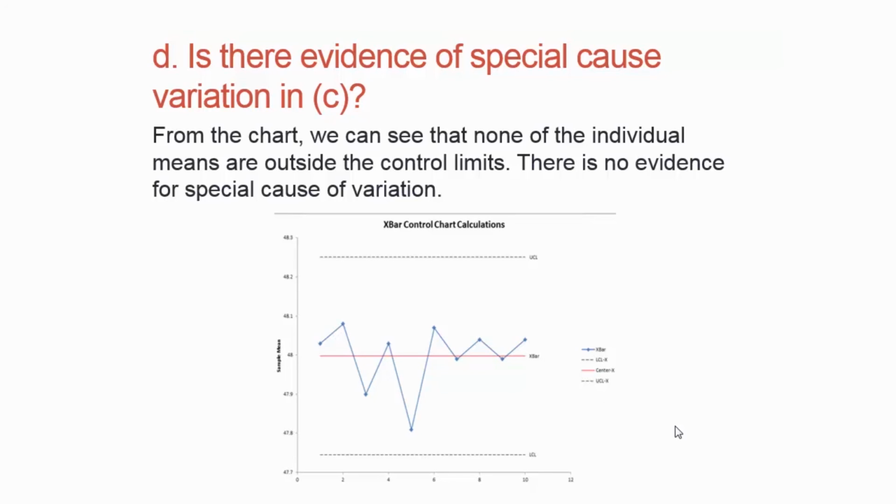So there are no values near the upper control limit, no values close to the lower control limit, we don't have 7 values above or below the average, and we don't have 7 going up or going down. So therefore, there is no special cause variation, and actually there is no trend either in this data.